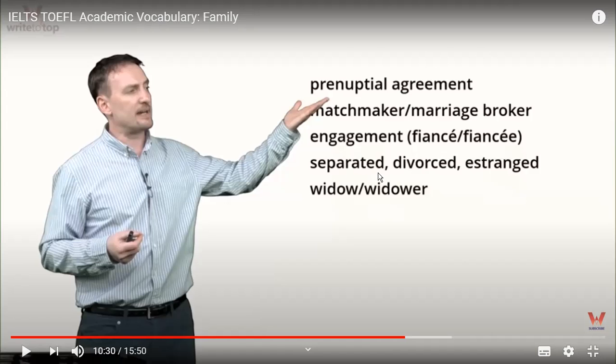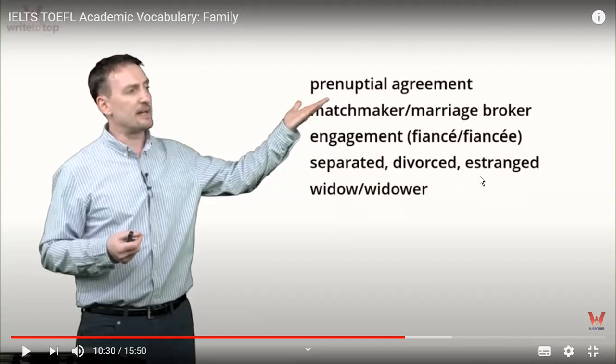And separated, divorced, estranged. Separated means that families are separated, couples live in other houses. They don't live together, but they can speak to each other. And a divorced family is a family that divorced legally, they signed papers, and they don't live together at all.